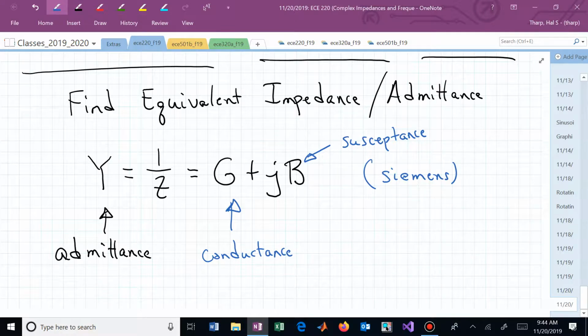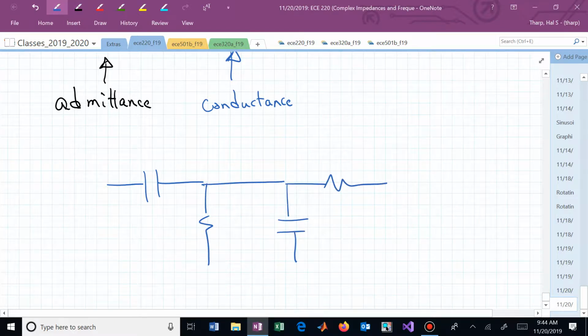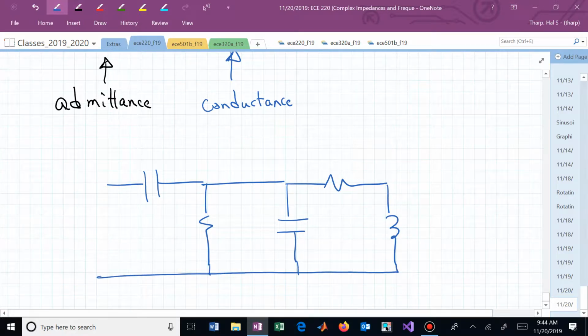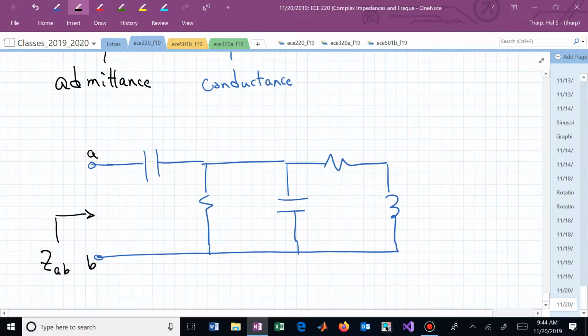All of that said, let's say that we now have the following circuit. And we want to know what's the impedance looking in, let's say, to terminals A and B. And this capacitor is 5 millifarad.